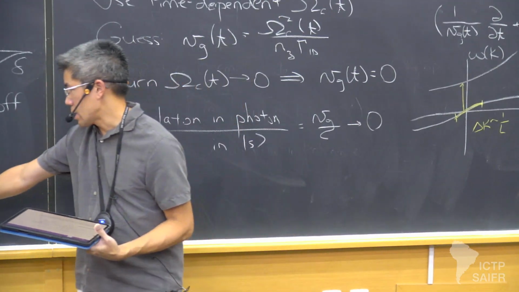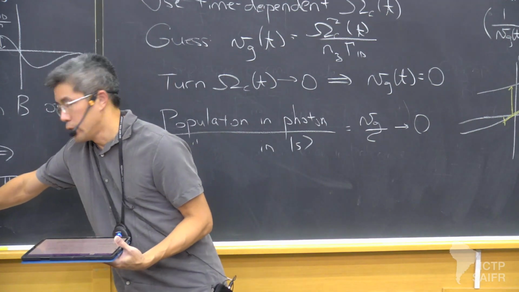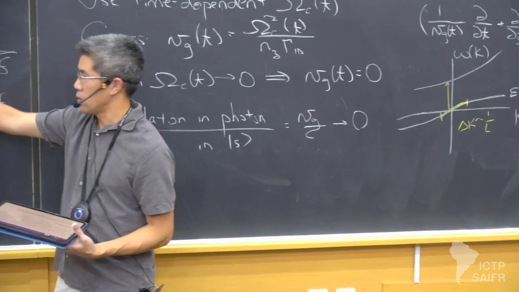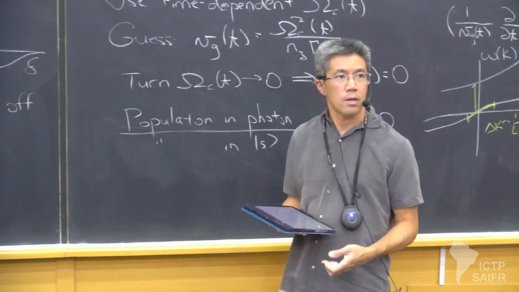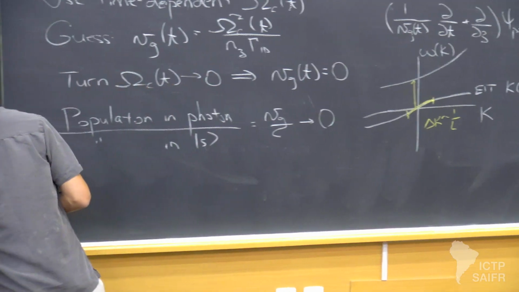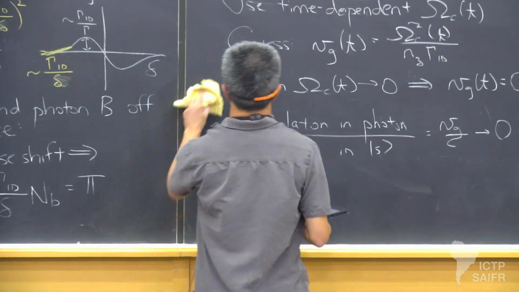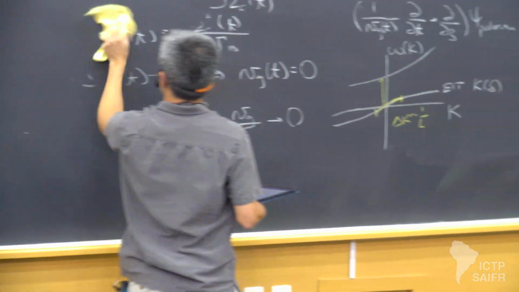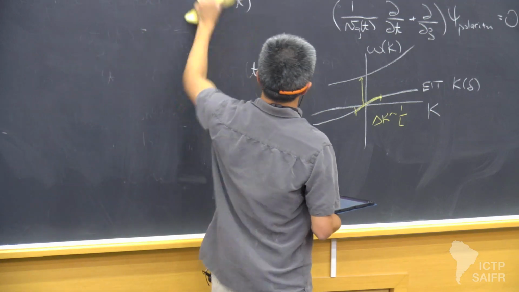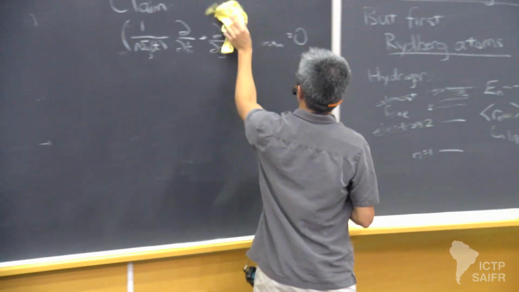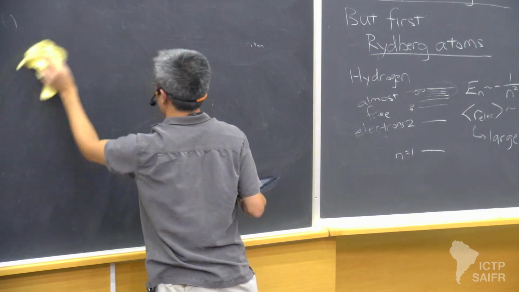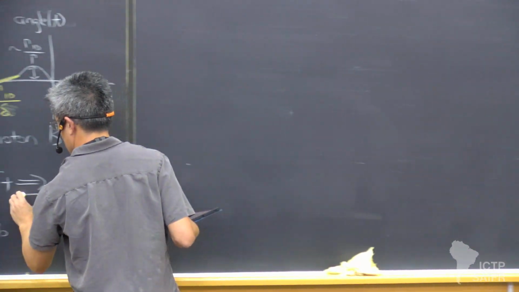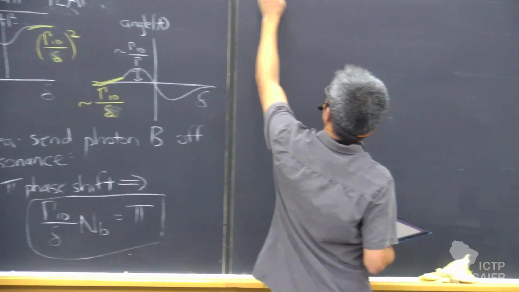If you know the size of the blockade radius or the number of atoms, you need to choose the detuning of your photon B to guarantee that the phase shift it accumulates is pi. So this fixes the detuning.